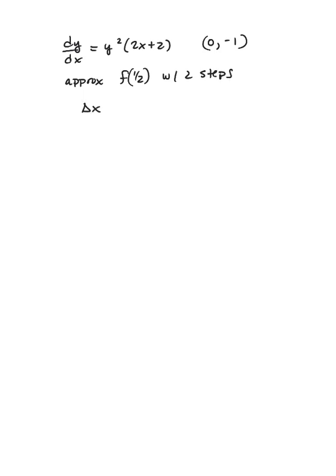So my delta x is going to be my interval 0 to 1/2, divided by 2. So that means each step is going to be 1/4. All right, so first I'm going to do the table and then I'll show you the triangles.